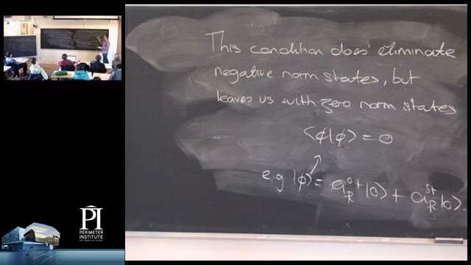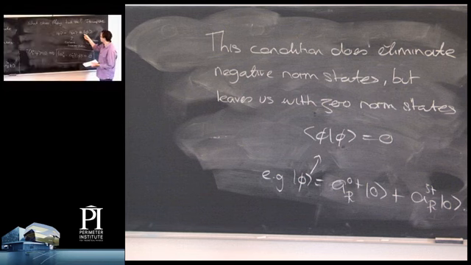Okay? So all the class of states that differ by adding different phi's, all of which have zero norm, are all to be considered the same physical state in the Hilbert space.